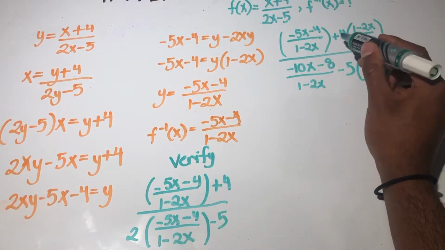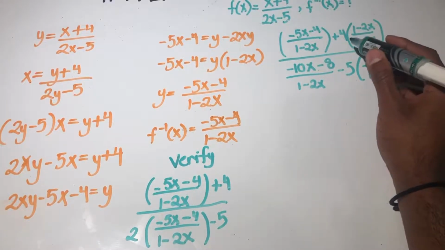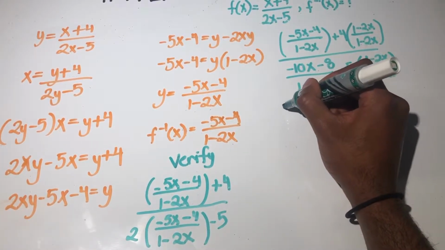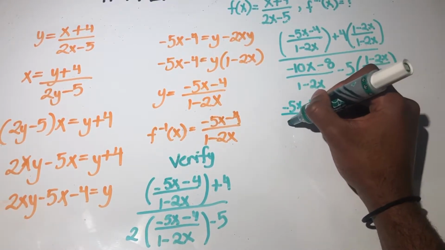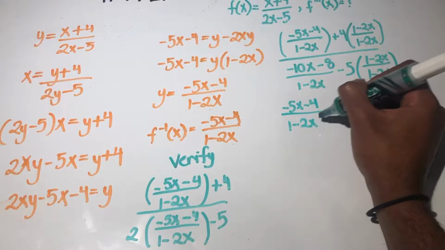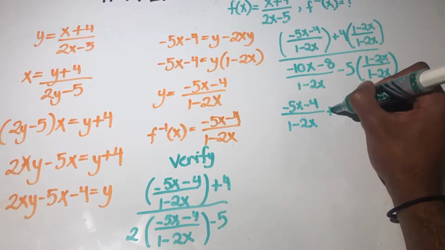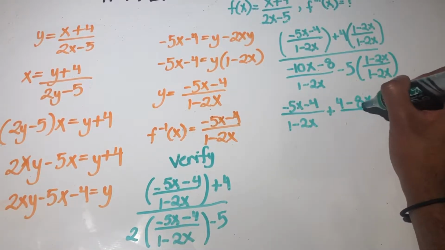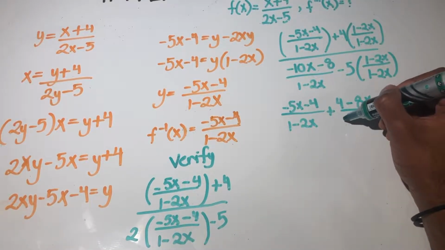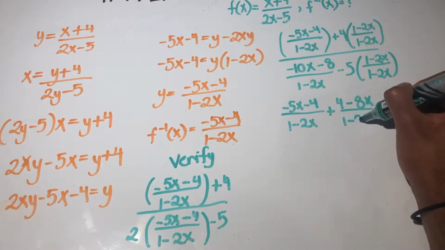And then if we distribute the 4 up in the numerator, we're going to get minus 5x minus 4 over 1 minus 2x plus 4 minus 8x over 1 minus 2x.